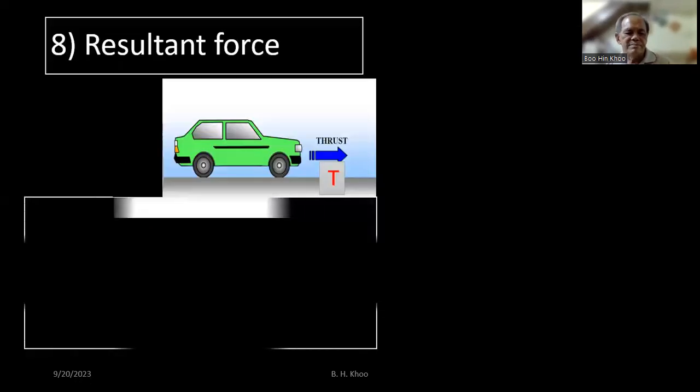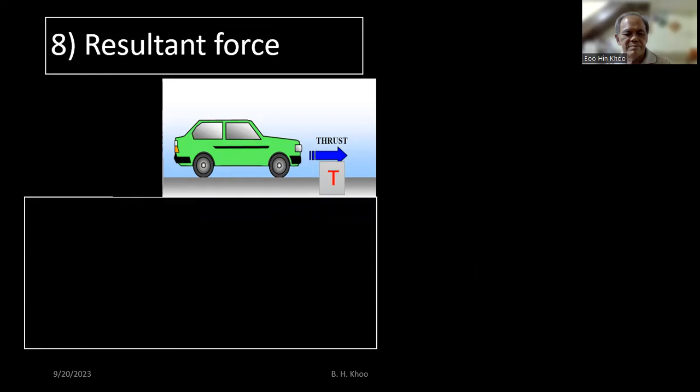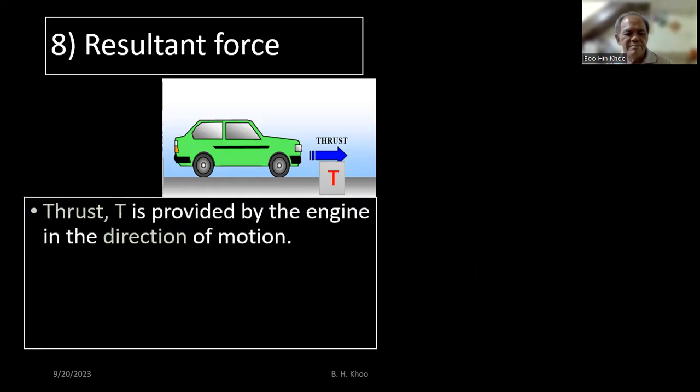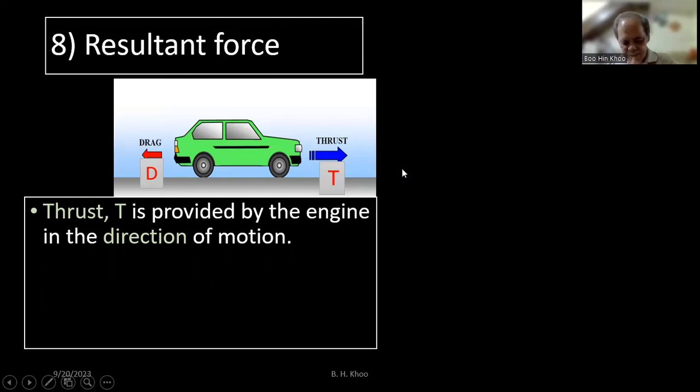Resultant force. We have a car. Thrust is provided by the engine and is in the direction of motion. It's going to the right. So thrust T is a force provided by the engine. And then there's your drag.